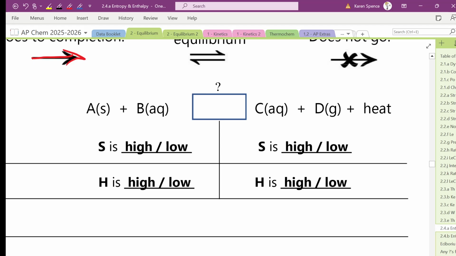In this reaction, which side has higher entropy and which side has lower entropy?